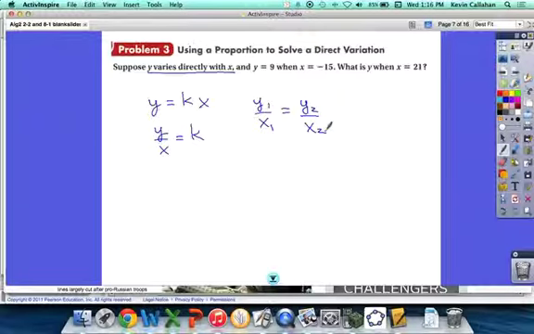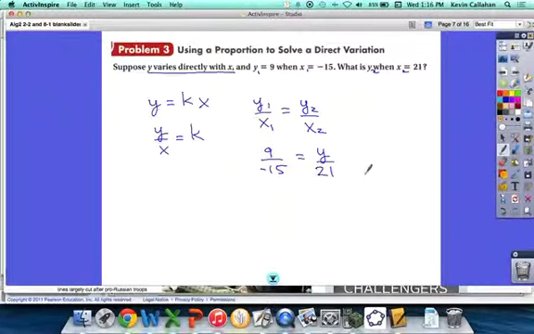So what I would do is substitute. The y1 is this. There's y1 and x1. So I'm going to substitute 9 divided by negative 15. And this is going to be the x2, and this is the y2, which we don't know. So y over 21.